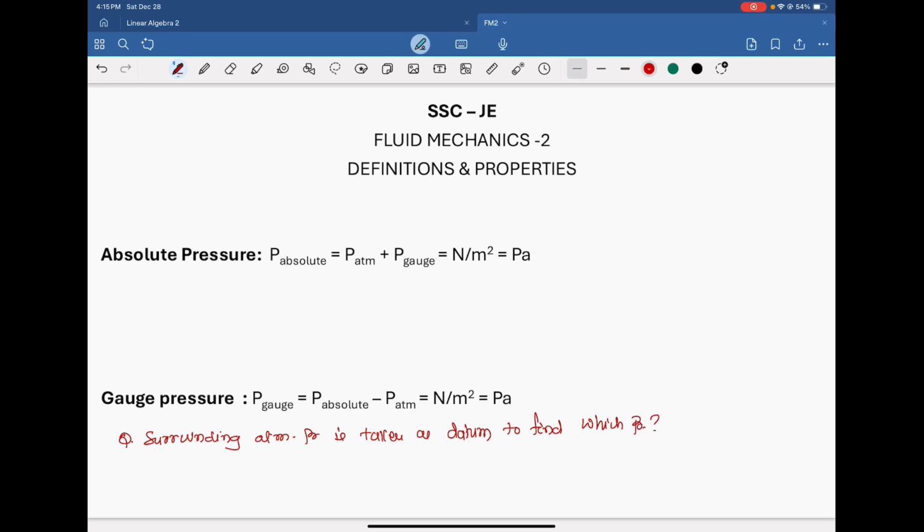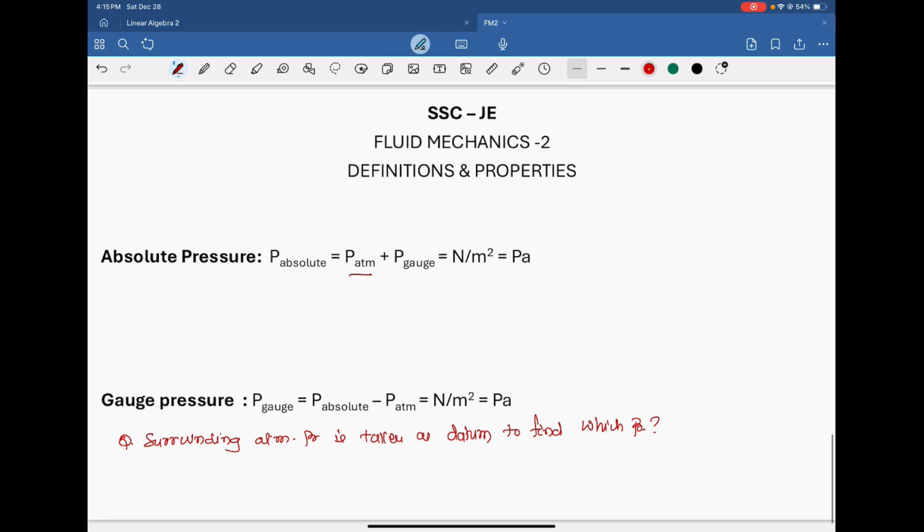You see, from this equation, this is the datum. Like this, if you see, this is the datum. This is P atmosphere at A. It is at B. PA is equal to P atmosphere.